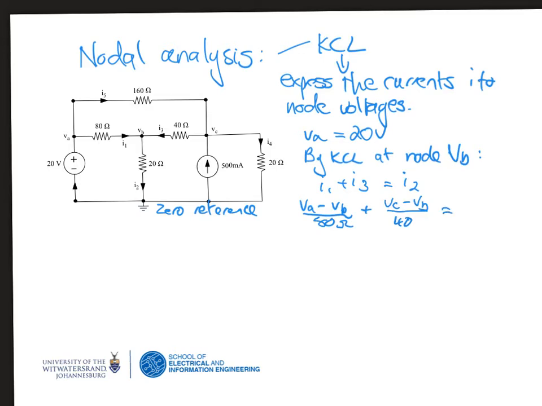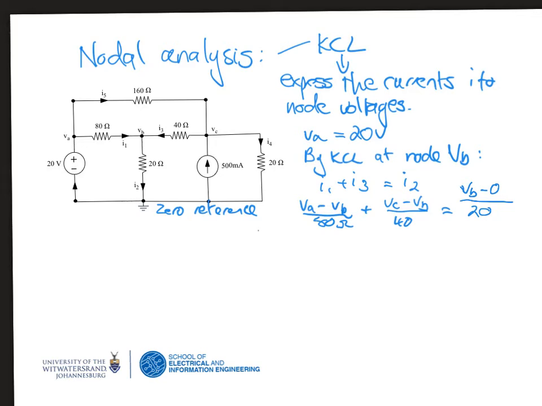And that's equal to I2, which is flowing down here from VB to the 0 volt reference node through the 20 ohm resistor. And so we can write that as VB minus 0 divided by 20. And the rest is just maths.